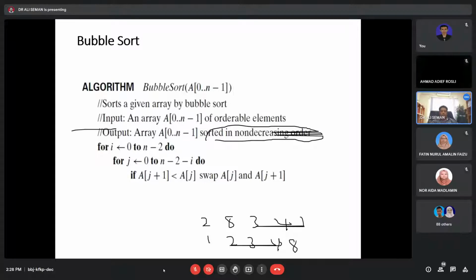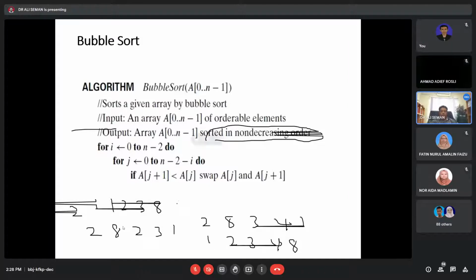Let's say we have the list like this: 2, 8, 2, 3, 1. When we do that, the ascending order becomes 1, 1, 2, 3, 8, right?